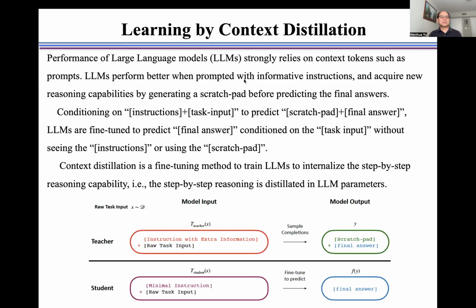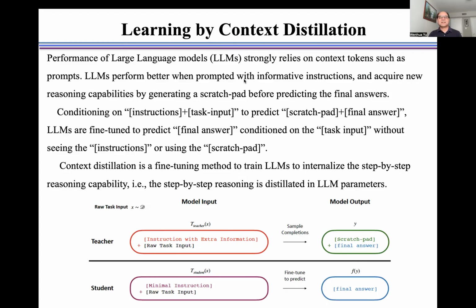Large language models are fine-tuned to predict the final answer conditioned on the task input without seeing the instruction or using the scratchpad. Context distillation is the fine-tuning method to train large language models to internalize the step-by-step reasoning capacity.